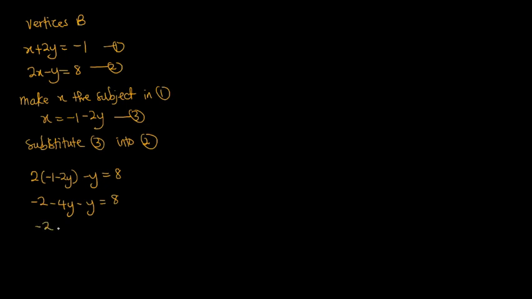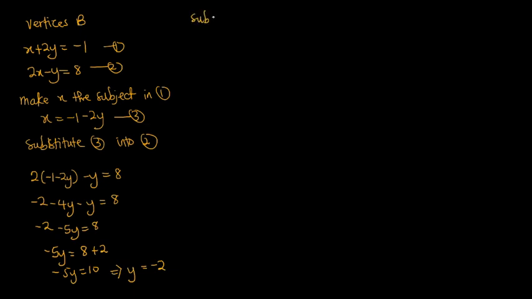So I have -2 minus 5y equals 8. Therefore, I have minus 5y is equal to 8 plus 2. This gives me minus 5y equals 10, and if I solve this and find y, my y will be equal to -2.